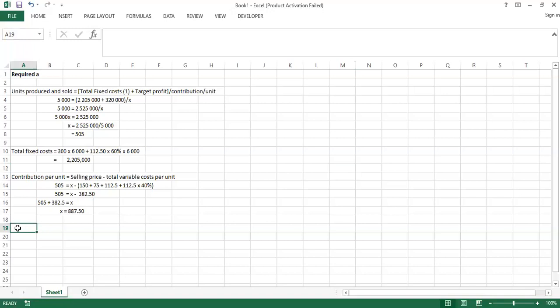Right, so let's jump to required number C. We want break-even units. Break-even units is going to be equal to total fixed costs divided by contribution per unit.